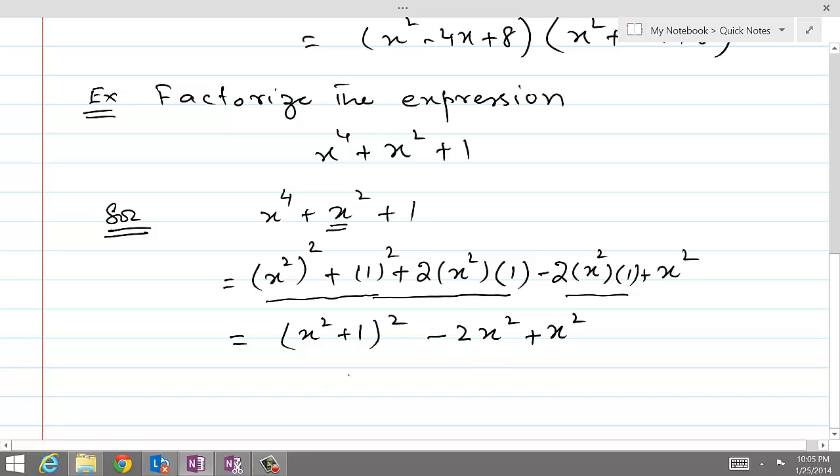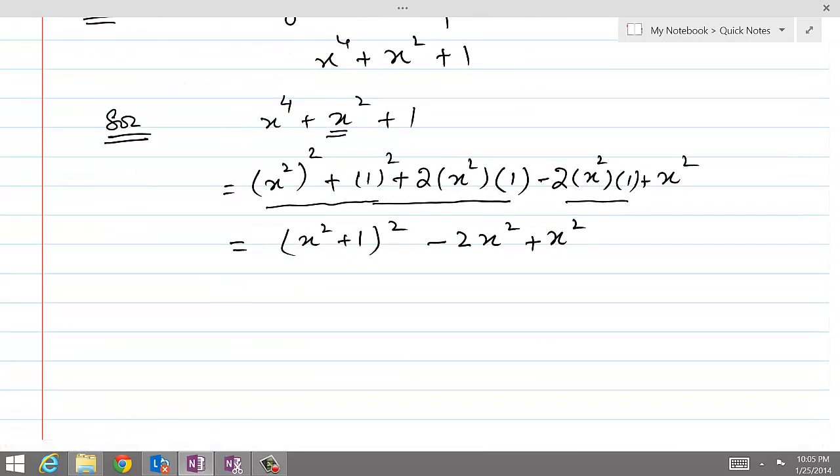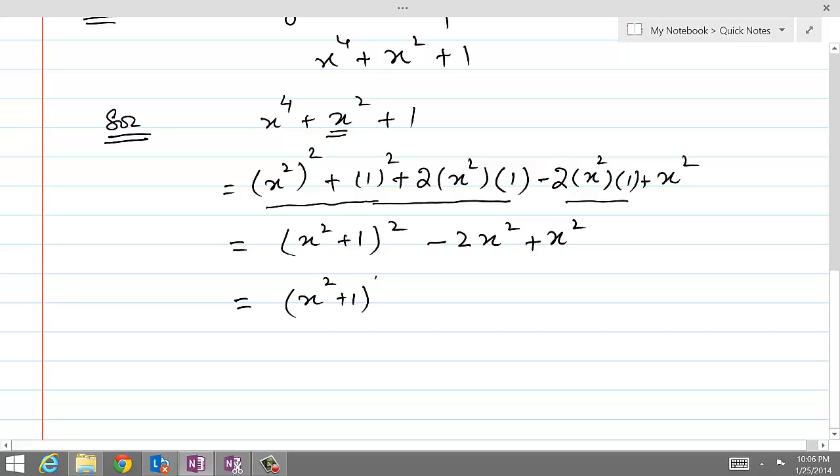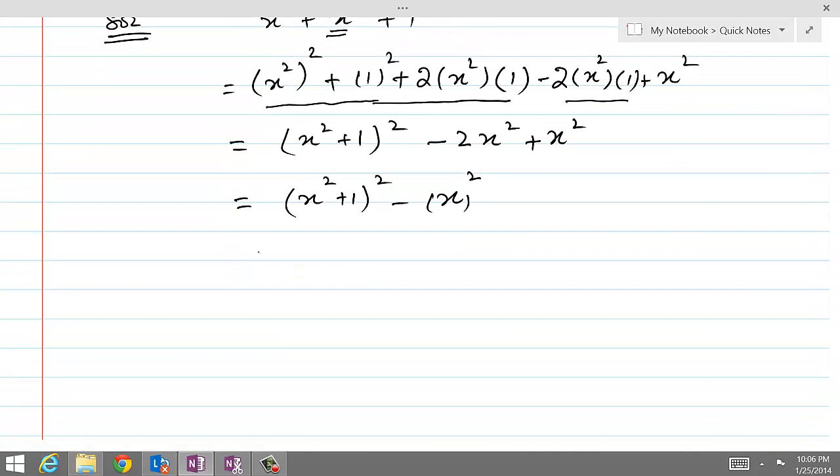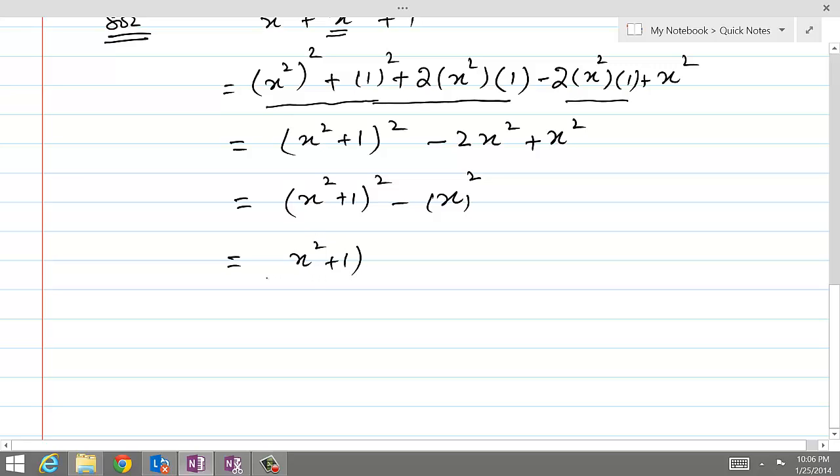By simplifying the last two, which are like terms, this would be (x² + 1)², and minus 2x² plus x² becomes minus x². You can see that this is again the difference of perfect squares: (x² + 1)² − x².